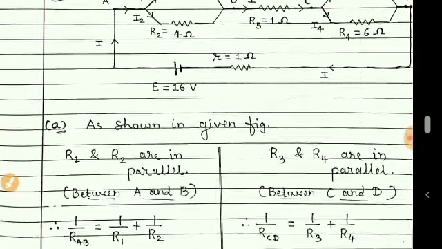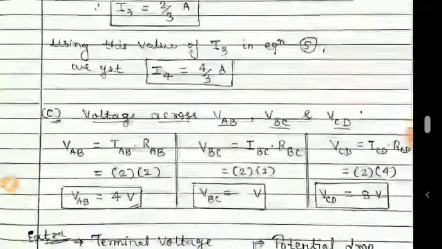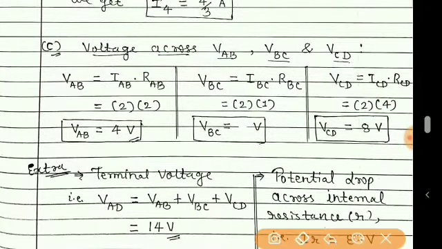So students, voltage VAB is equal to the current flowing through it, IAB, into the resistance RAB. We know that according to Ohm's law, V is equal to IR. But here we are obtaining the voltage across AB, so we have written IAB and RAB.